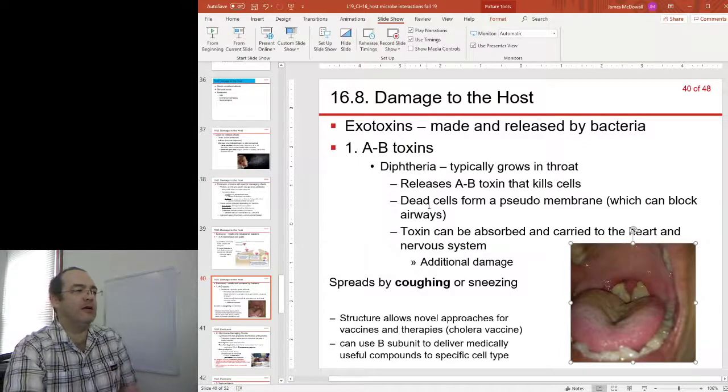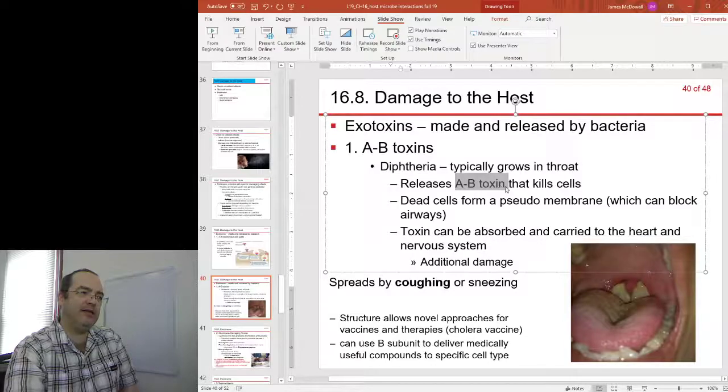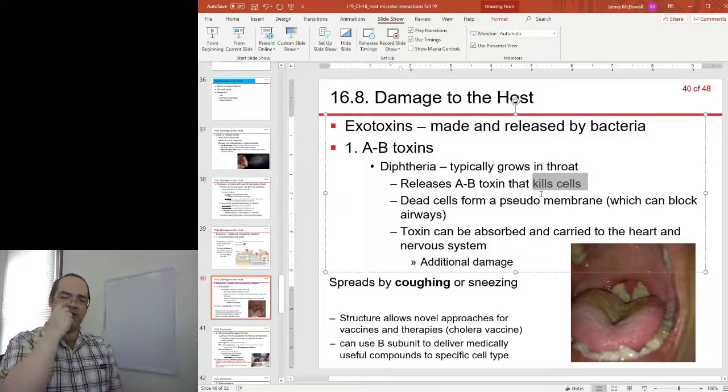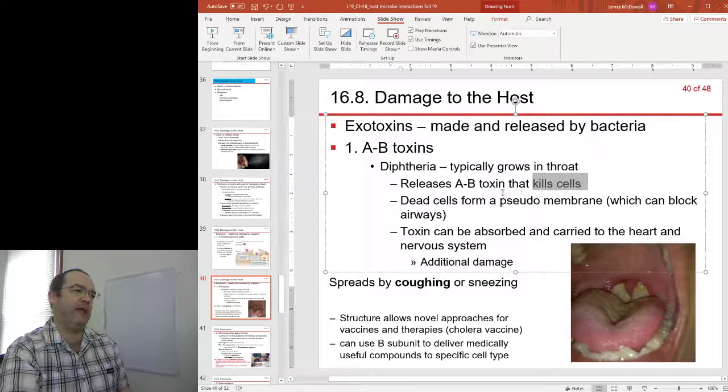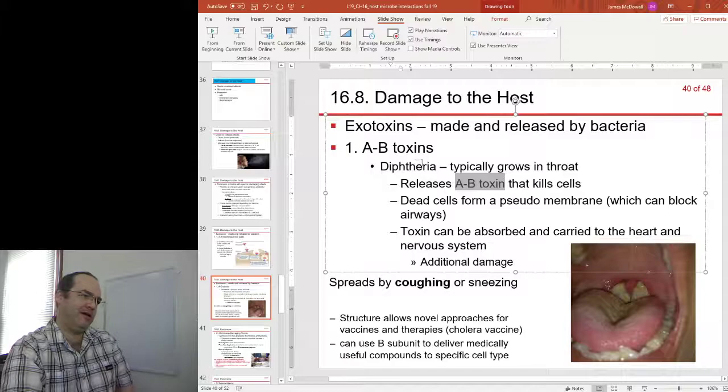This is one of those bacteria where its AB toxin, the toxin that kills cells, was given to the bacteria from a bacteriophage. The presence of the AB toxin is a virulence factor for the diphtheria bacteria.